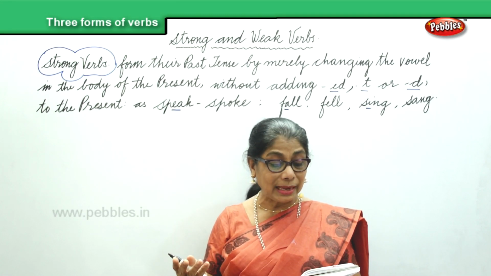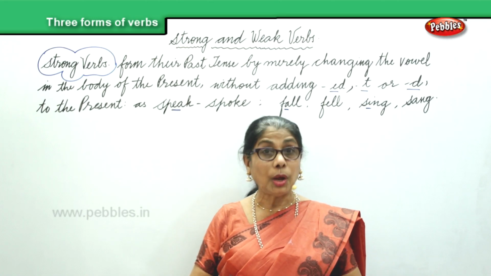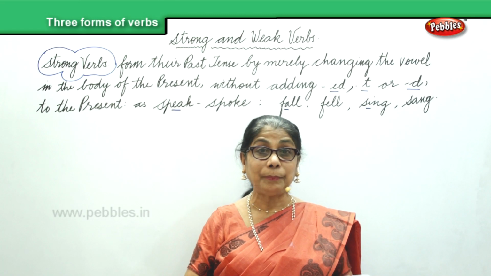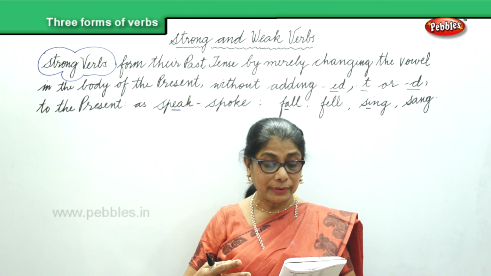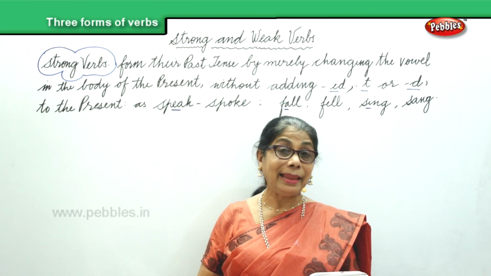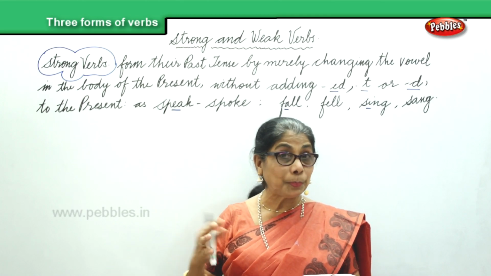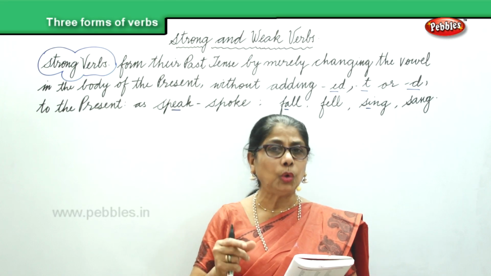Then there are words like bear. Let's say bear is to carry. You bear a child, you bear something to carry along, some big bag or load. Bore, I bore that. And finally, we'll say born. So there are spelling changes inside the vowel. There are tricky changes, so we'll go through them.